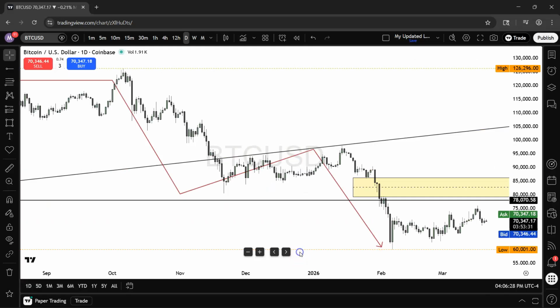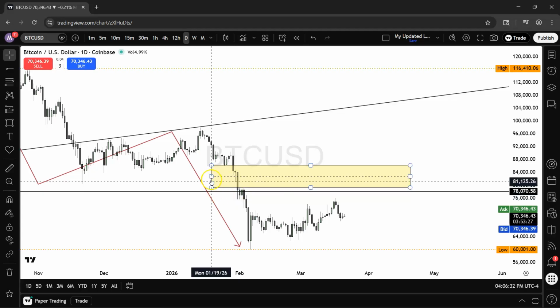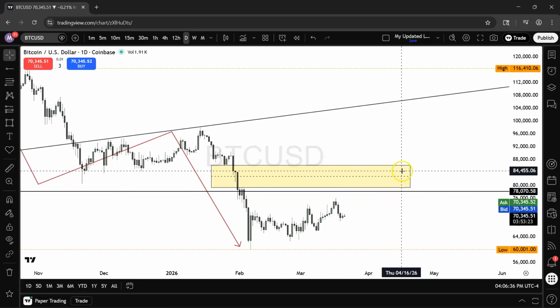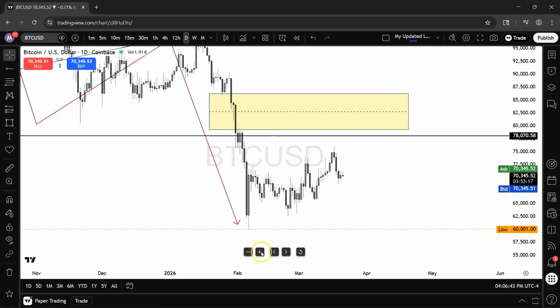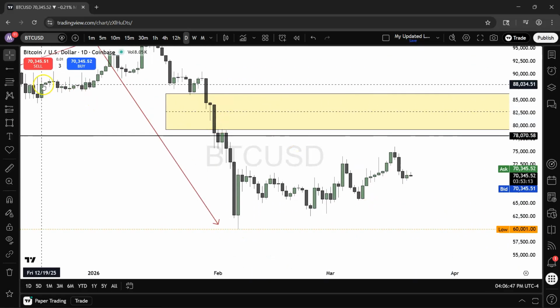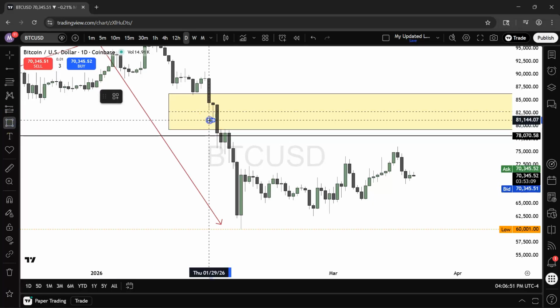Now on the daily, it's pretty much telling us that this area that we marked out is a fair value gap area on the weekly. Now if you do a deeper dive into that area, you'll also notice that there's a fair value gap within the daily, which is right here.